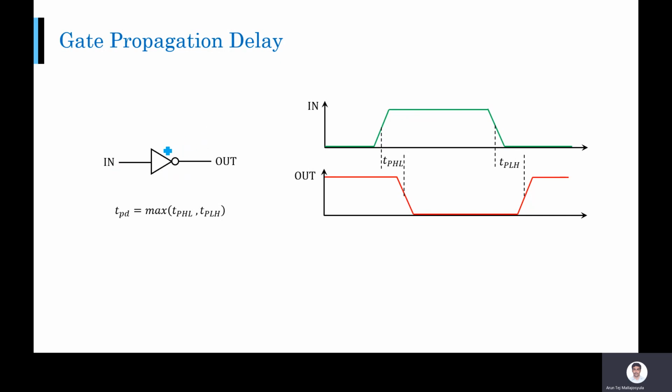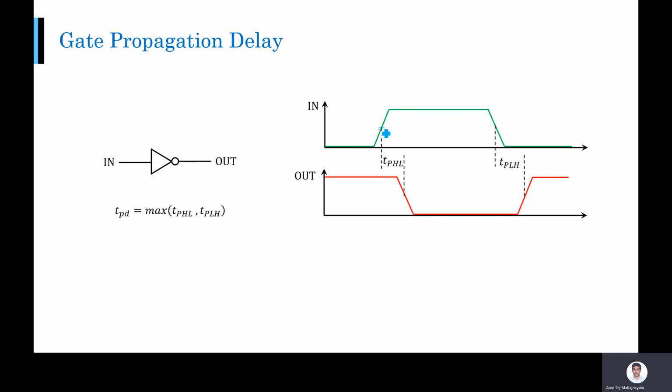I'm showing one gate, which is the simplest gate here, the inverter. Any other gate will also have its own propagation delay. How you define propagation delay in this case is the time between the point where input reaches half of its max value, as it switches from 0 to 1.